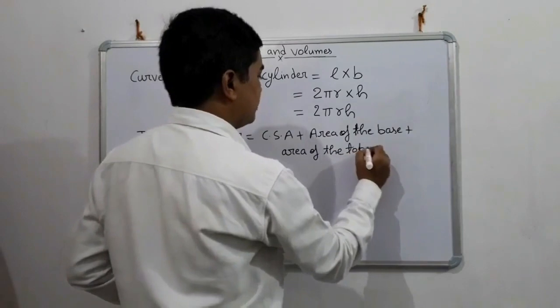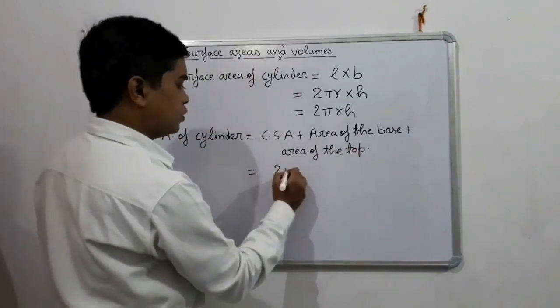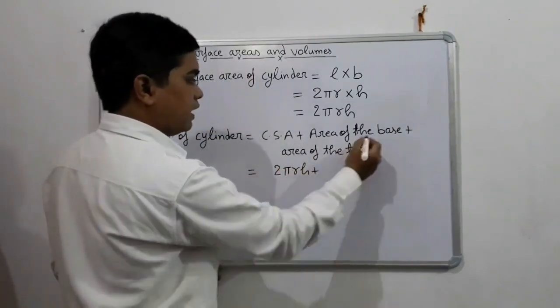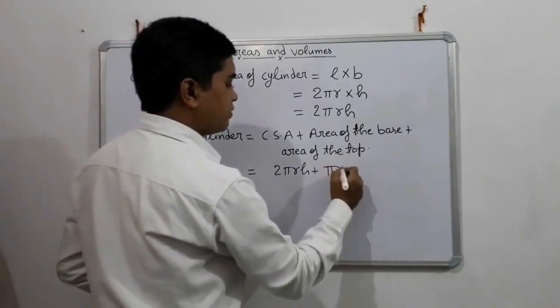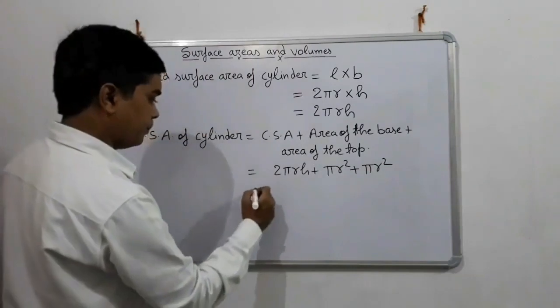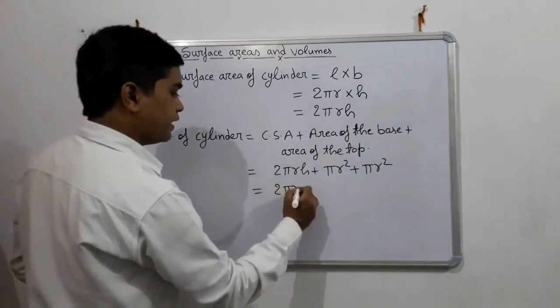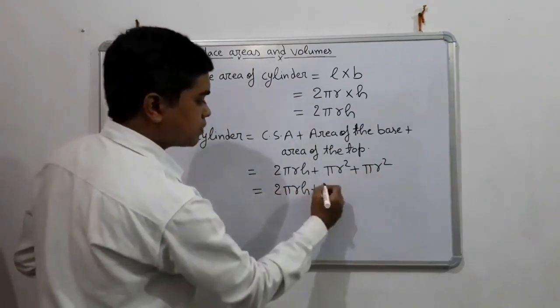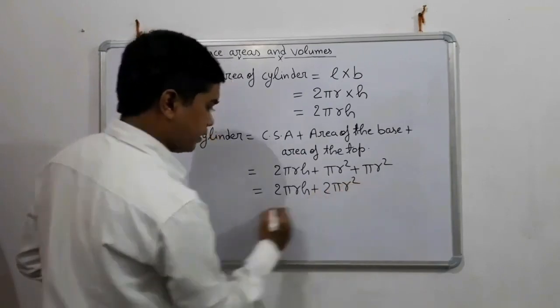So it will be what? CSA is 2 pi rh, area of the base will be area of circle, means pi r square, and again same for the area of top. So you can write here 2 pi rh, and pi r square plus pi r square will be 2 pi r square.